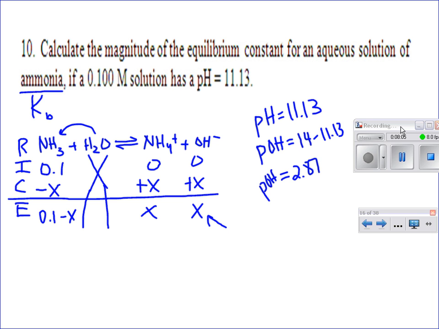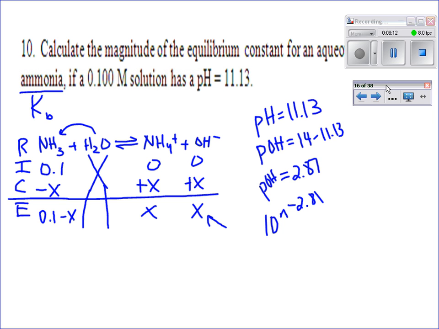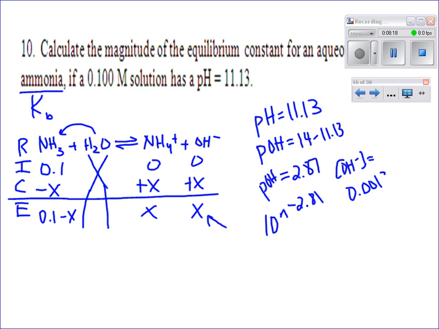That's my pOH. So now if I go 10 to the negative 2.87, that'll give me my OH concentration, which is 0.0013 moles per liter.